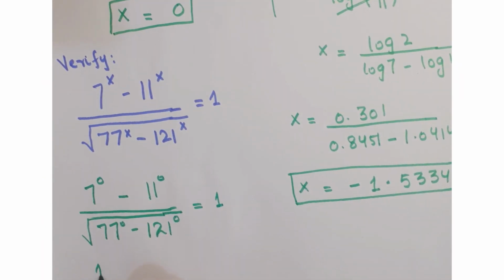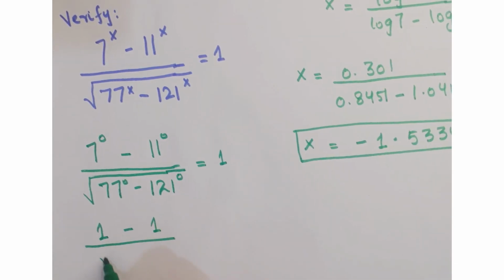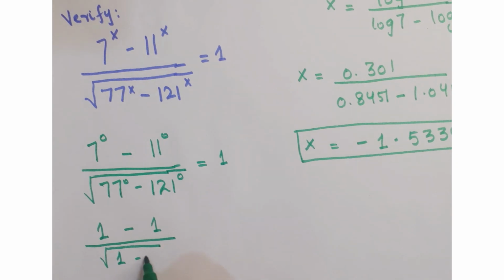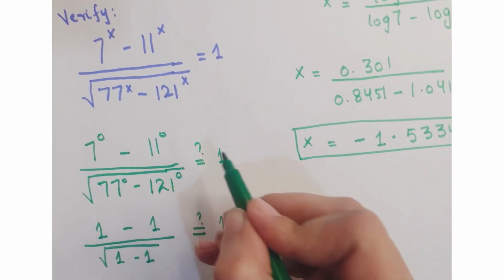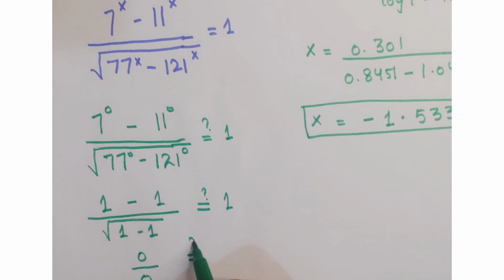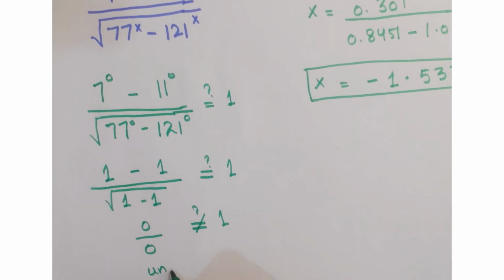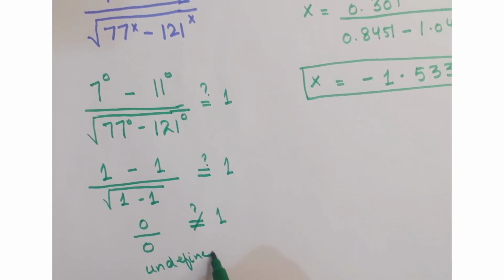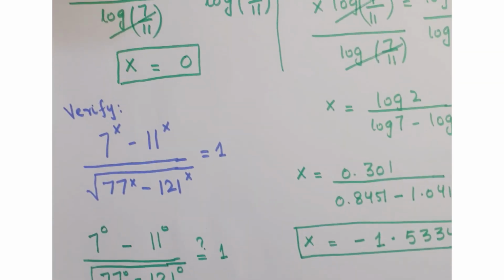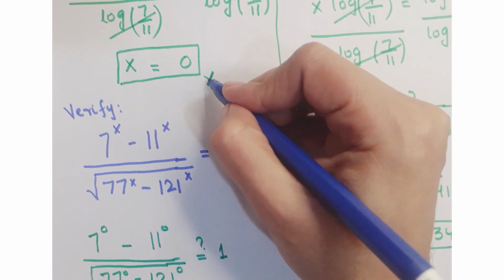Any number raised to the power 0 is 1, so here we have 1 minus 1, and here also 1 minus 1. We have to check whether it equals 1 or not. This is 0 and this is 0, so this is not equal to 1. In fact, this is undefined. So we can say that x = 0 is not the solution of this equation.